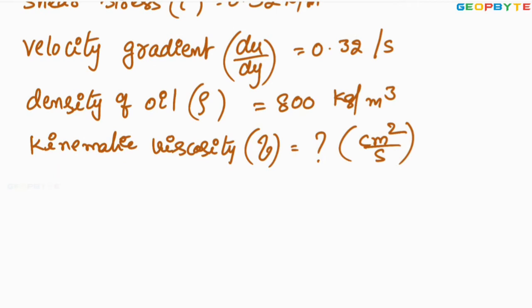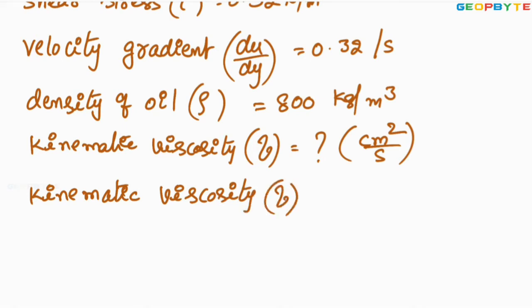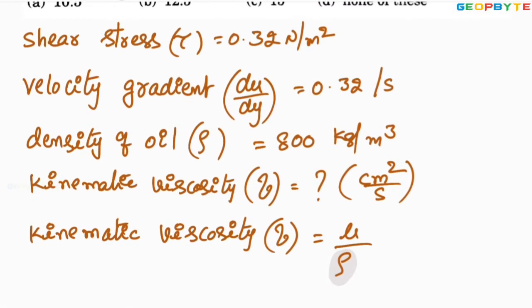As we know, kinematic viscosity nu equal to mu by rho. Density is given in the problem, but mu is not given. Mu you can find like this.